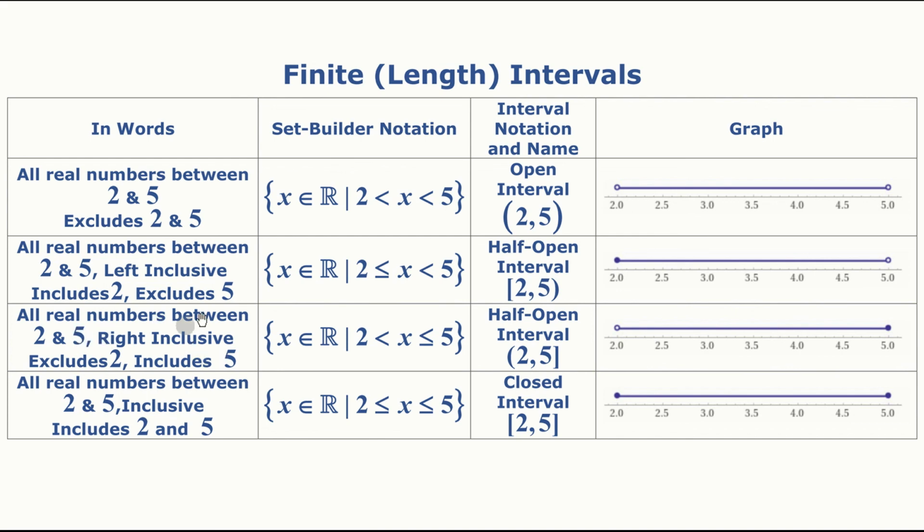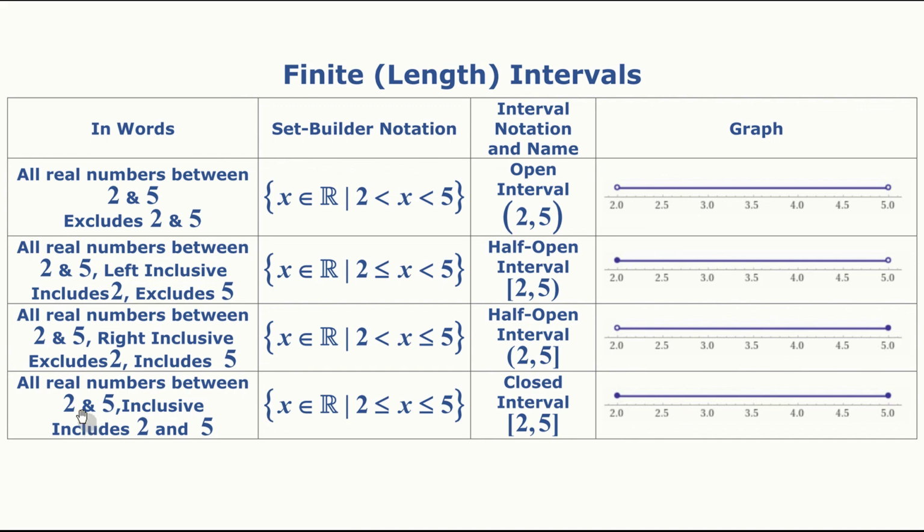And what if we want all real numbers between 2 and 5 right inclusive? So this time we're going to include the 5, but we're not going to include the 2. So this is again a half open interval from 2 to 5, and we have open circle at 2 and closed circle at 5.